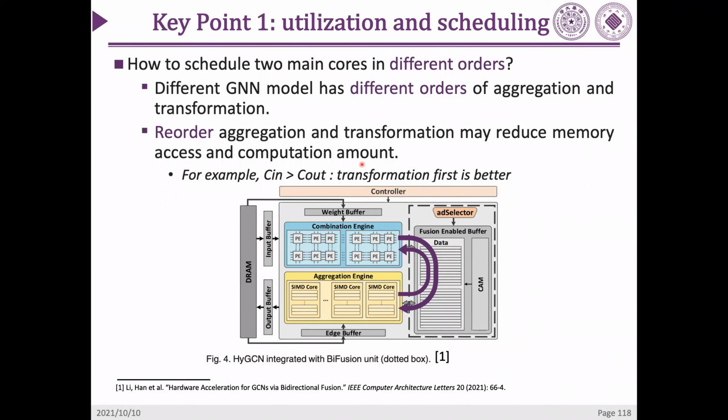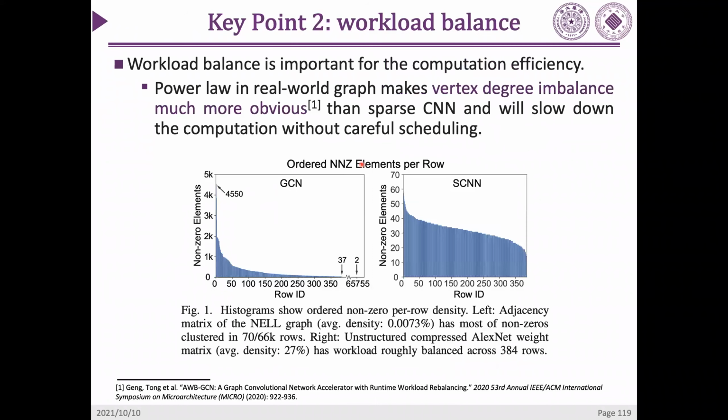But in the HyGCN architecture, the data path is fixed to aggregation first. So there are some other works, such as BiFusion, that propose bidirectional data paths to improve HyGCN and support more GNN models. So the order is a very interesting thing you need to look at.